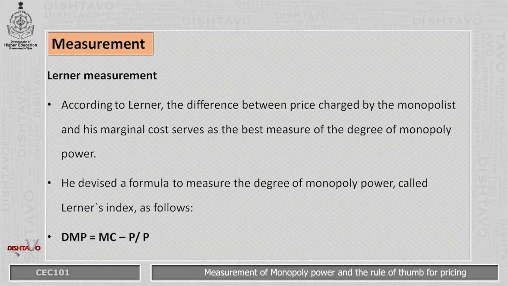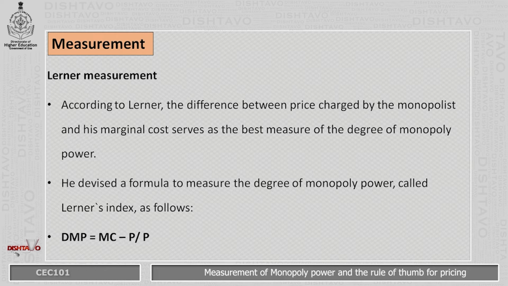Marginal cost refers to the additional cost which the monopolist incurs for each additional unit of output produced. The pricing of the monopoly refers to the price which the monopolist charges for his product in the market.